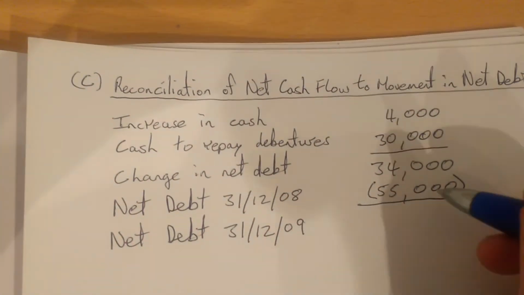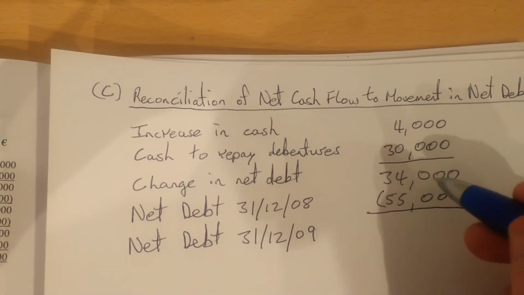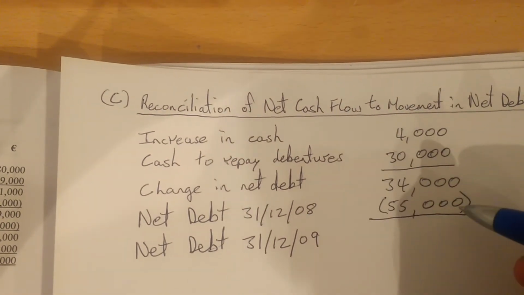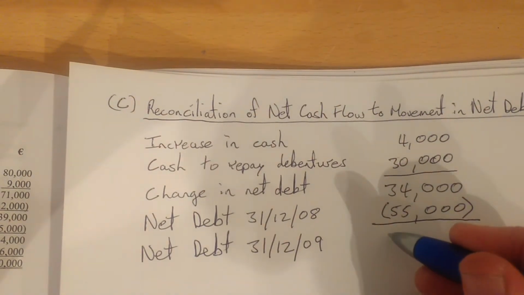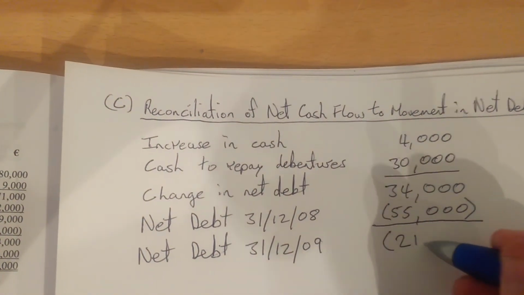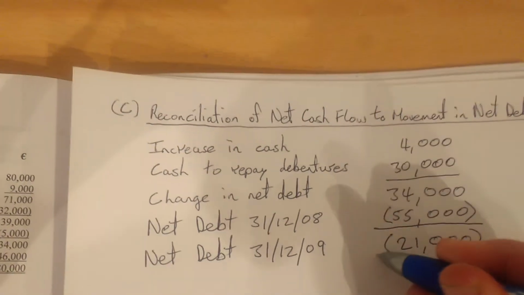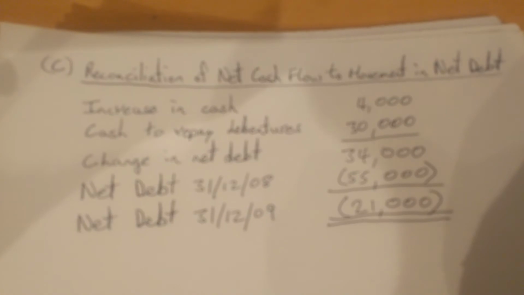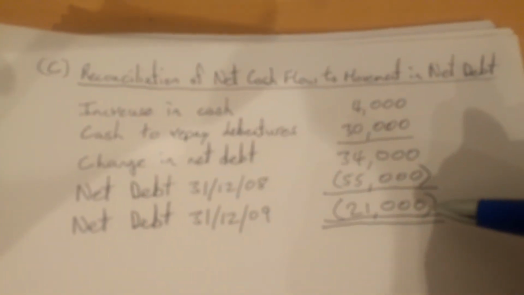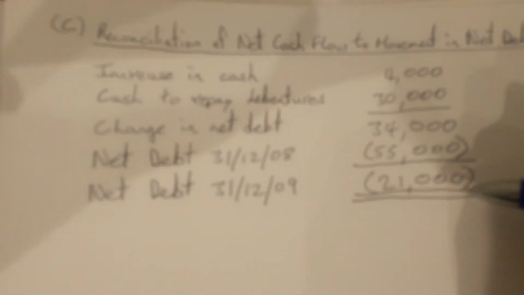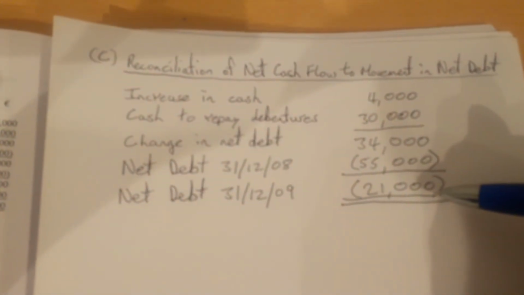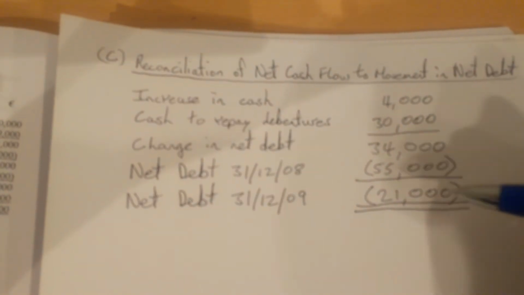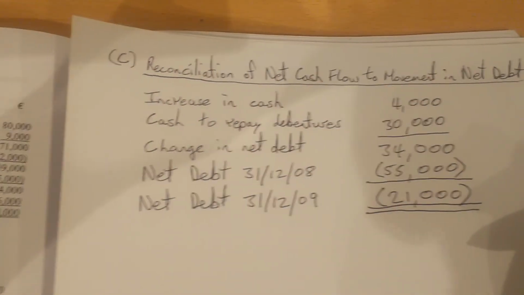Then all we do is we add that to the figure beforehand, the change in net debt. So it's 34,000, that's a plus, and a minus 55,000. When we put them two together, we get in total a minus 21,000. And we're done. The only thing though I would advise at this stage is to double check this minus 21,000 figure by going back to your balance sheet and calculating the net debt for 31st of the 12th 2009 from the balance sheet.